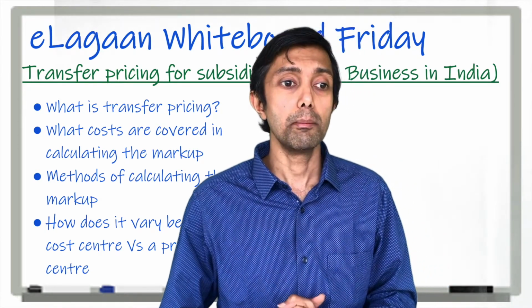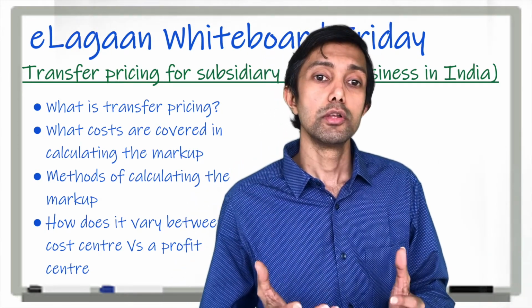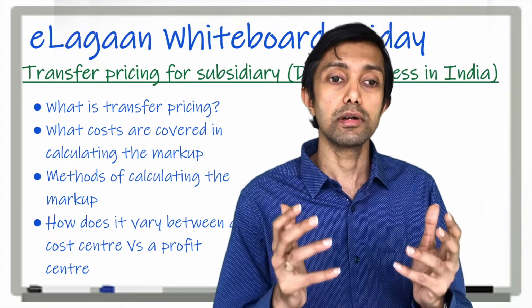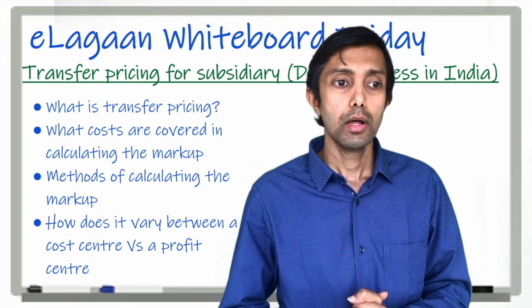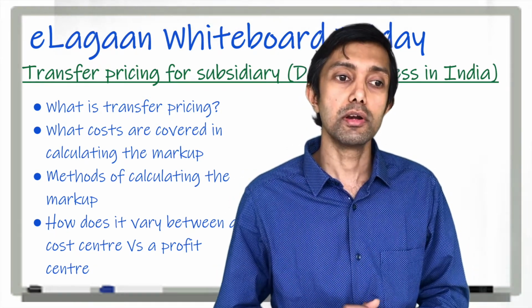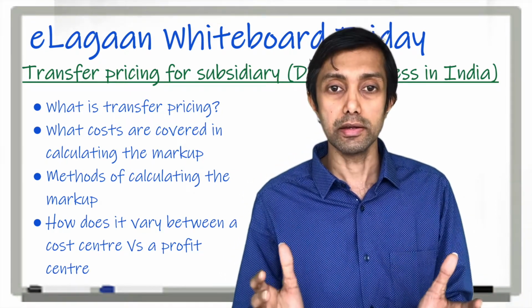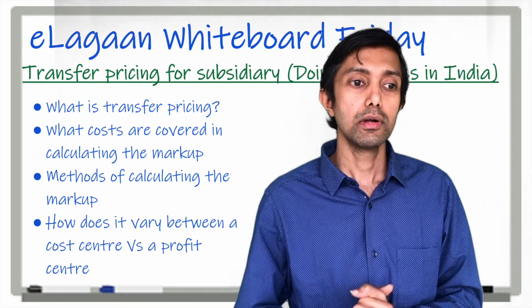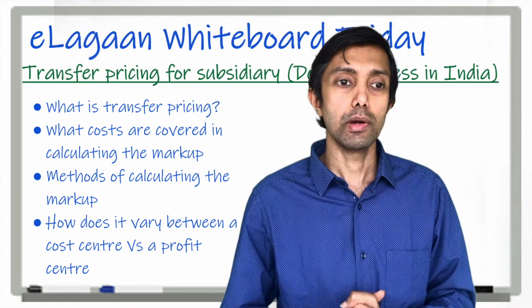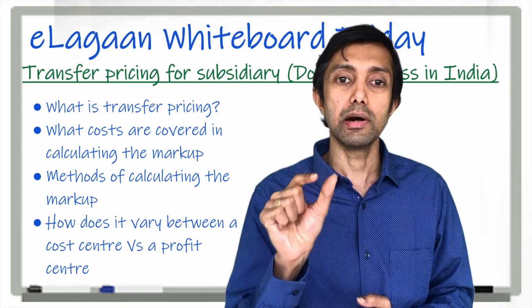What is the method in which you set a transfer price? What we normally follow in respect of a cost plus entity is what is known as the TNMM method, the transaction net margin method.